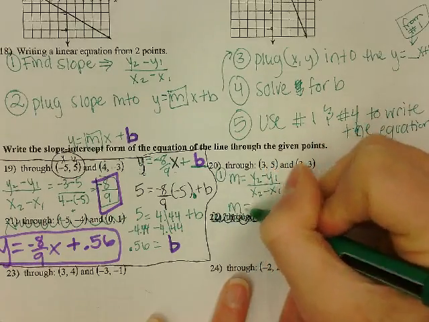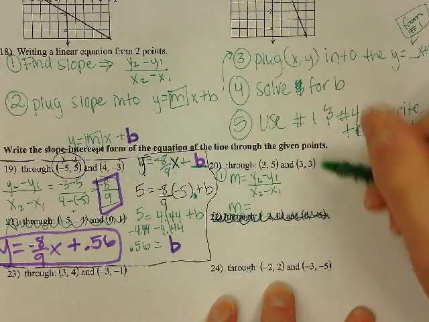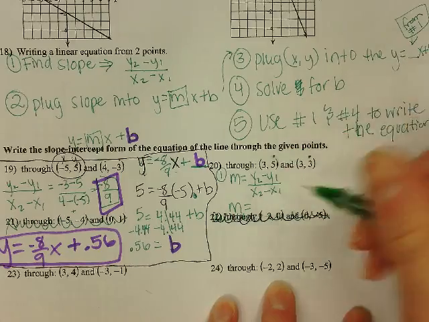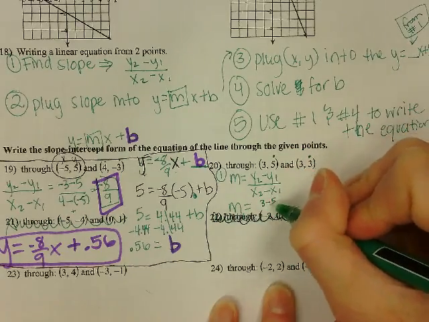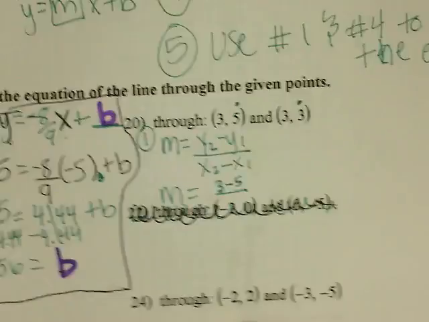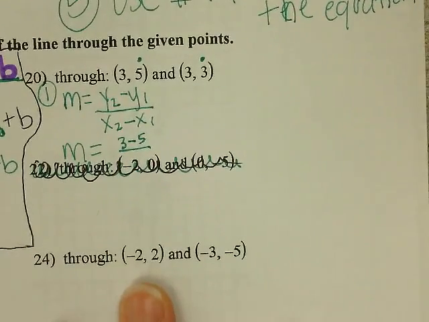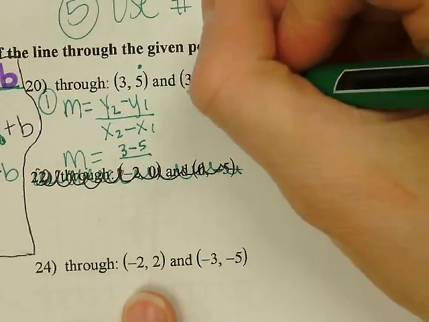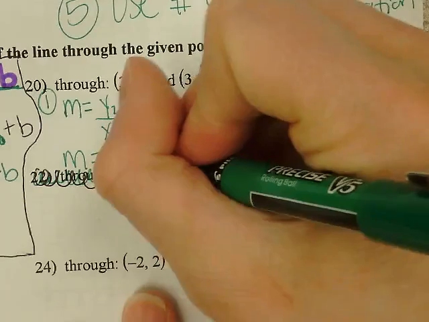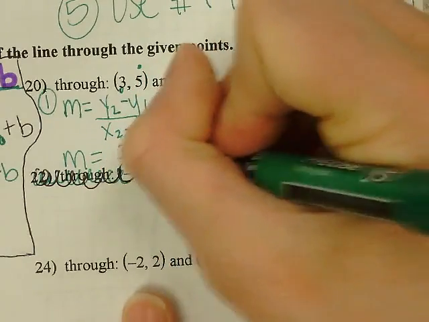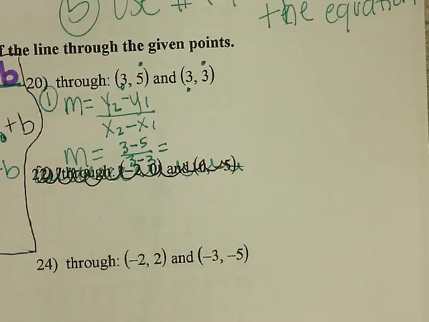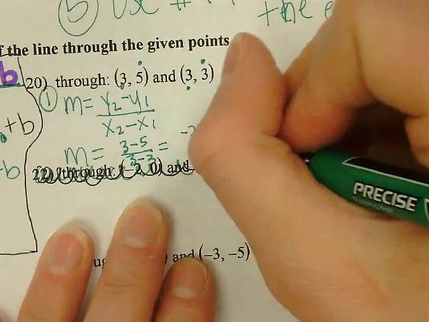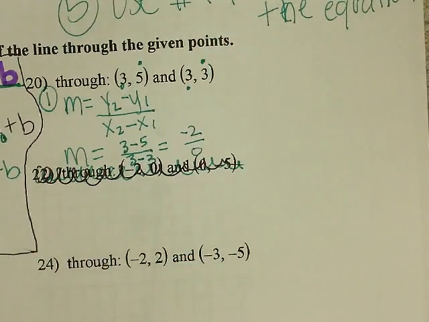So I've got 3 minus 5 over 3 minus 3. This one's going to be an easy problem, because that's negative 2 over 0. Can I divide by 0? No. So what is my slope?